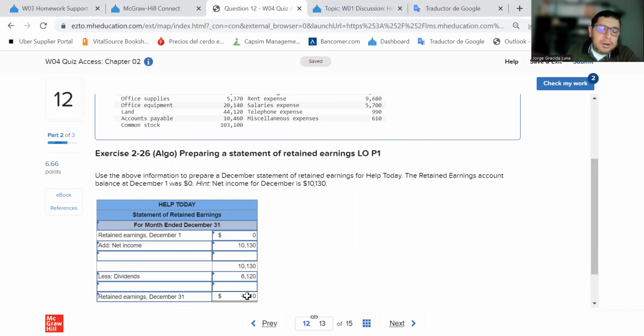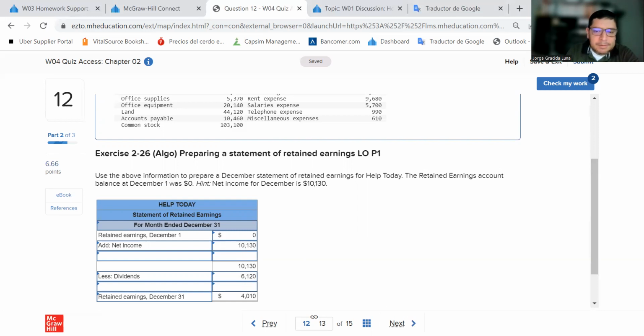This number is obtained by computing net income minus dividends, and then we have retained earnings of 4,010. Okay, so next, please remember this number, 4,010. It's important because we will use it in the balance sheet.